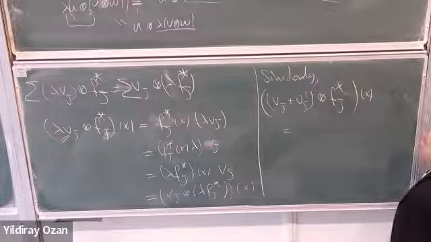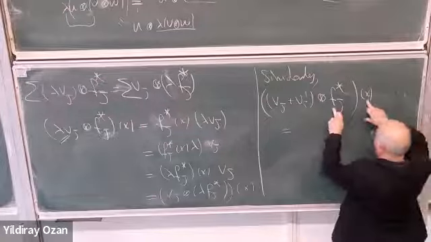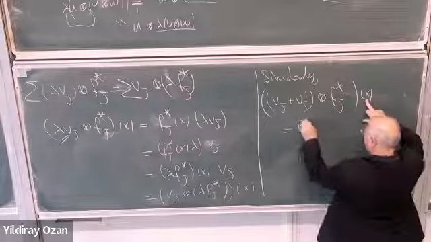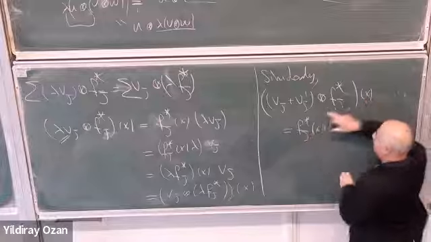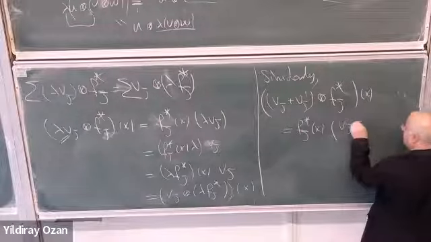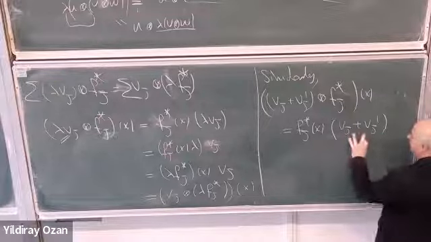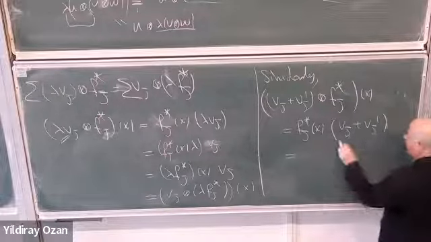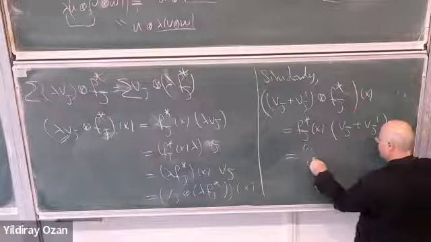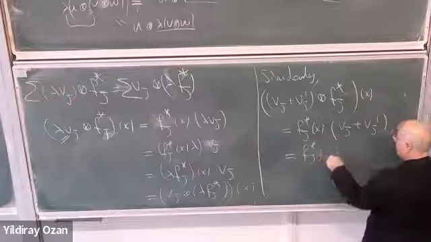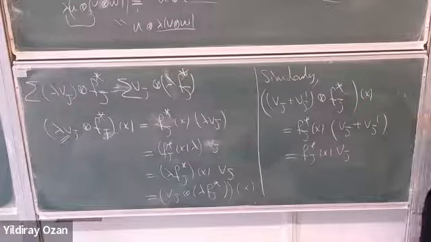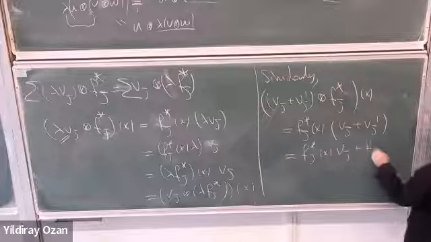Well, what is this? Okay, this guy will be this, and then I will multiply it with this vector. This is a scalar. This is the sum of two vectors. I have distribution of scalar multiplication over vector addition.